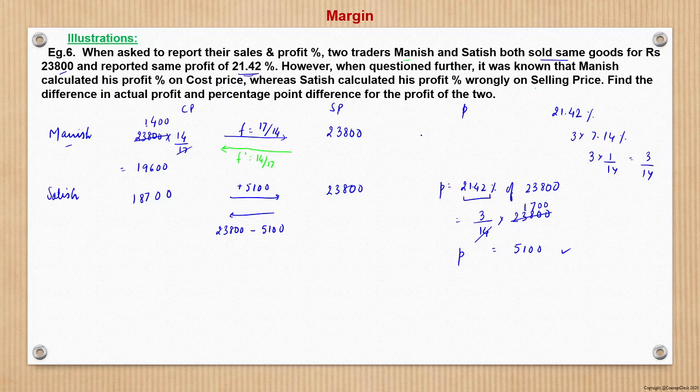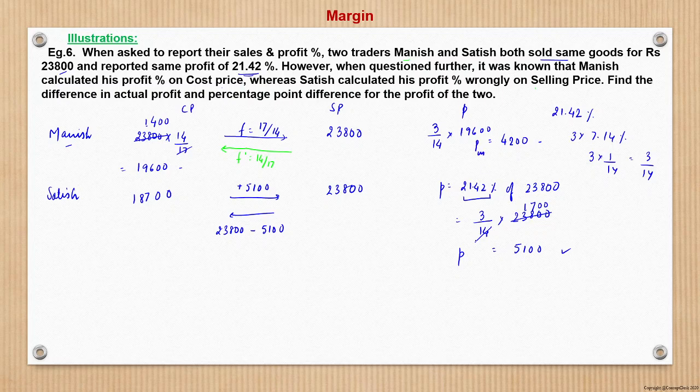And what is the profit here for Manish? It would be 3 by 14 of the CP, which is 19,600. This we have calculated. So we can say 4,200, right?